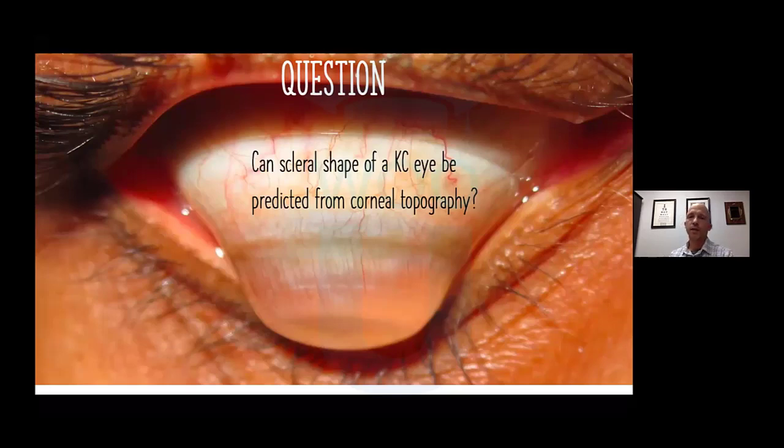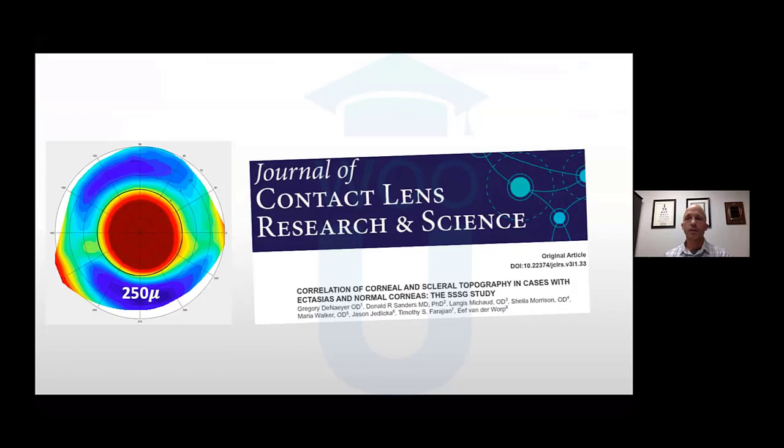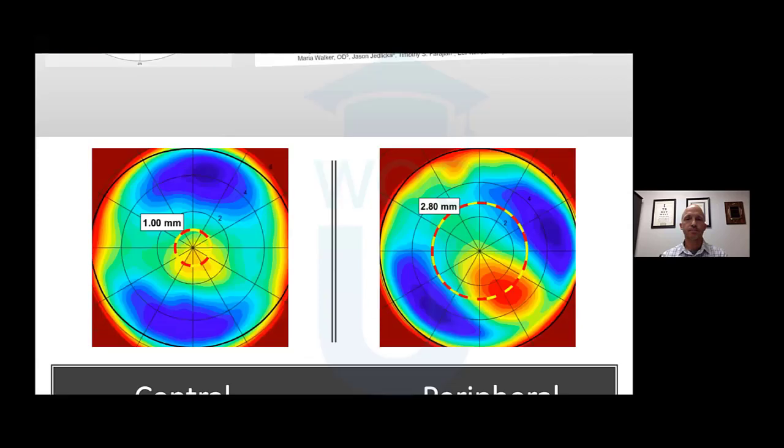The second question we can ask concerning corneal topography is, can the scleral shape of a keratoconic eye be predicted from corneal topography? In 2019, the Scleral Shape Study Group published a paper looking at the potential relationship between keratoconus and scleral shape.